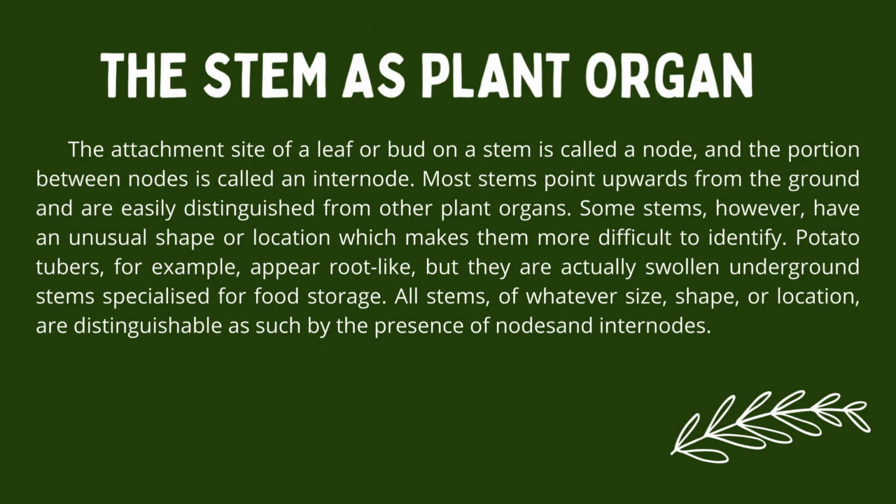Potato tubers, for example, appear root-like, but they are actually swollen underground stems specialized for food storage. All stems of whatever size, shape, or location are distinguishable as such by the presence of nodes and internodes.